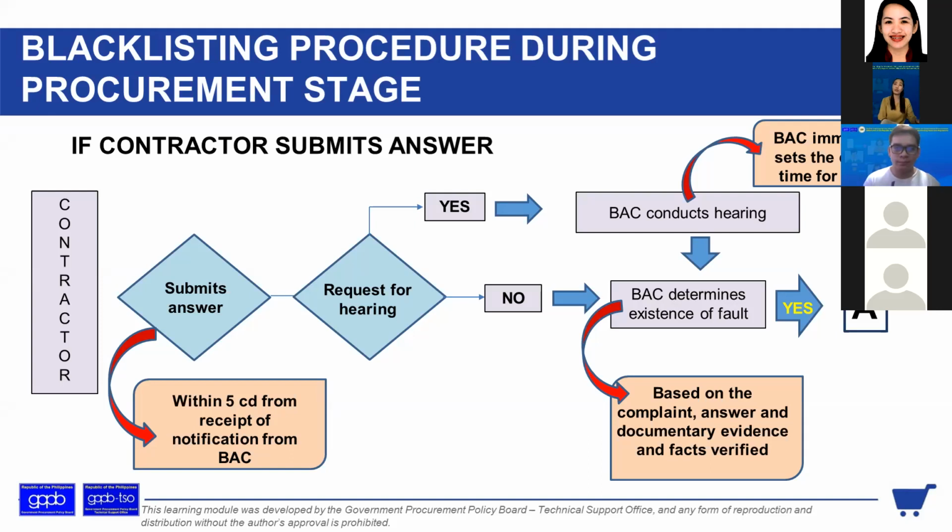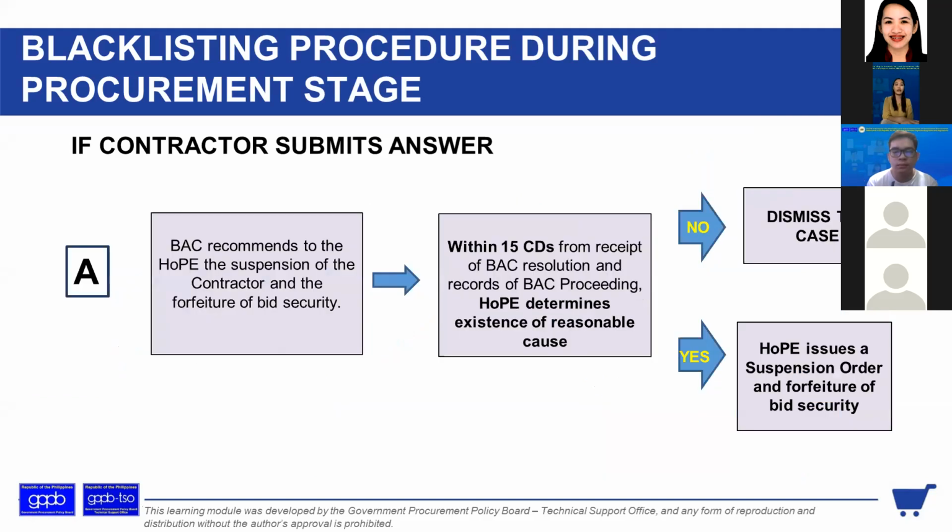Kasi meron kayong complaint, merong answer, merong documentary evidence and facts verified. Now, after na ng hearing, or if without hearing, after na ng determination ng reasonable cause, the BAC shall recommend to the HOPE the suspension of the contractor and the forfeiture of bid security if they will find the existence of fault, no?